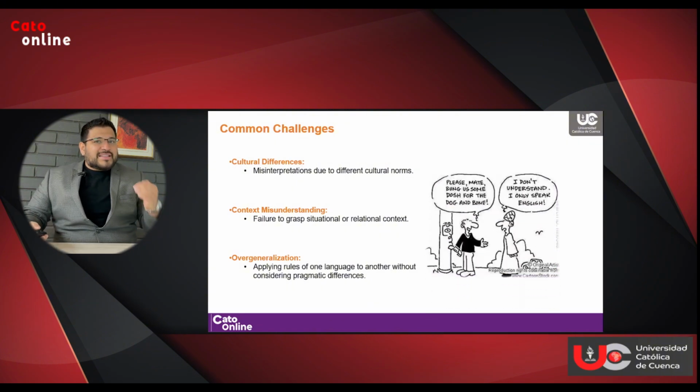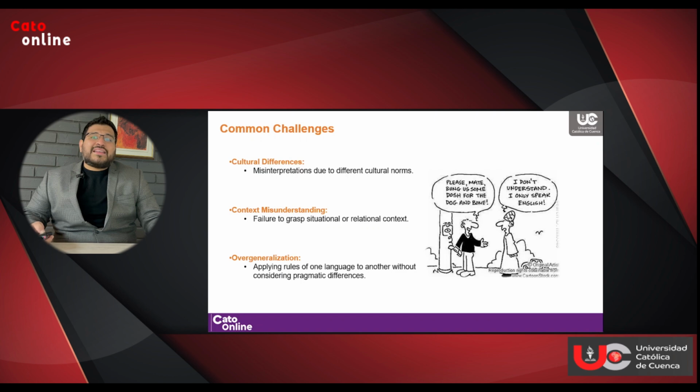I'm going to take these examples again, but I'm seeing that in this picture, this guy is trying to communicate in his language. Maybe in his cultural context, maybe country, he will be understood on what he's saying. But in this, the other said, I don't understand, I only speak English.